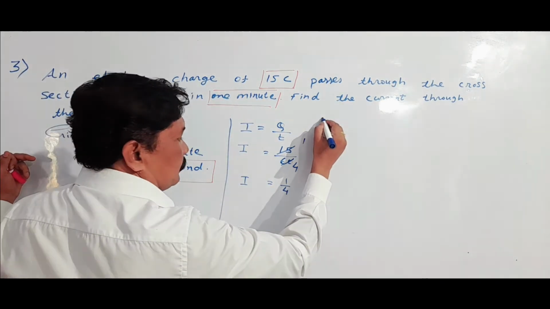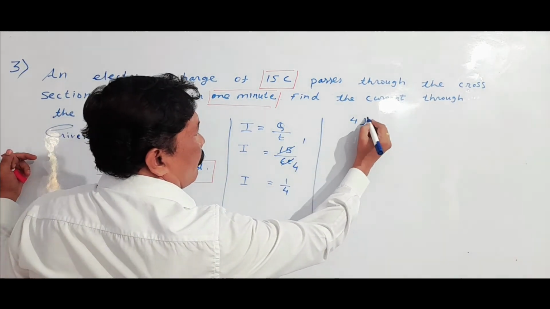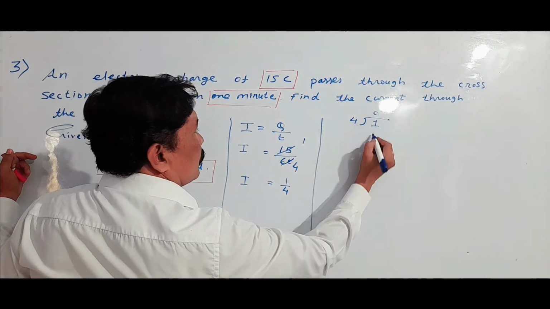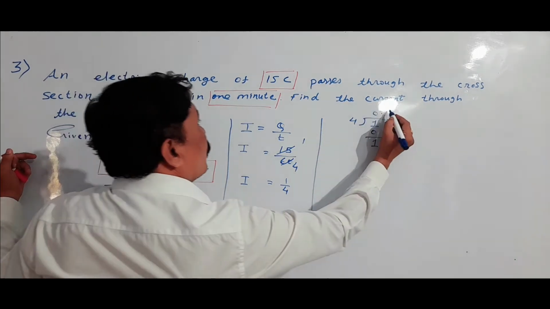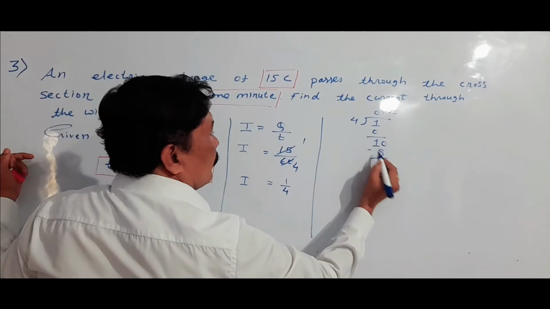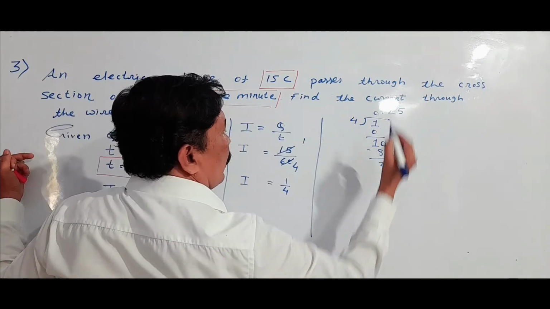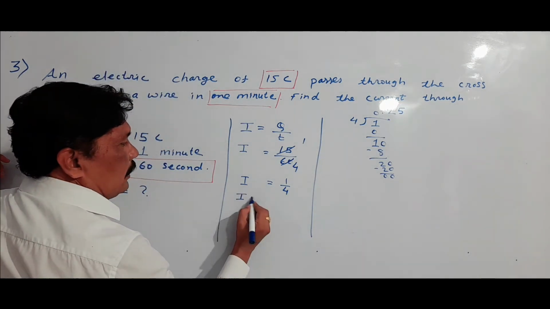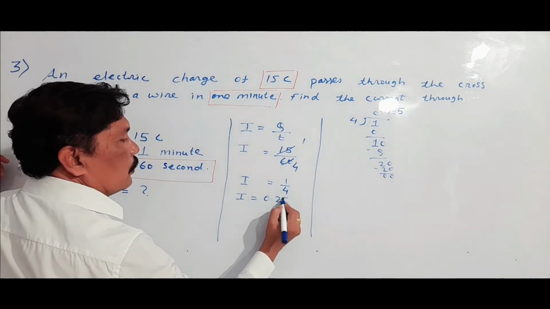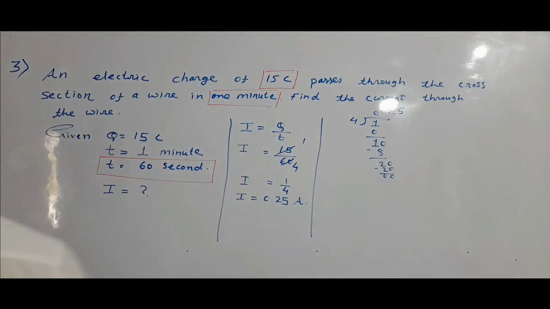Let's divide. 4 zeros are 0, 1, 0, 4 twos are 8, 2, we'll put 0, 4 fives are 20. So I is equal to 0.25 and the unit of current is ampere.